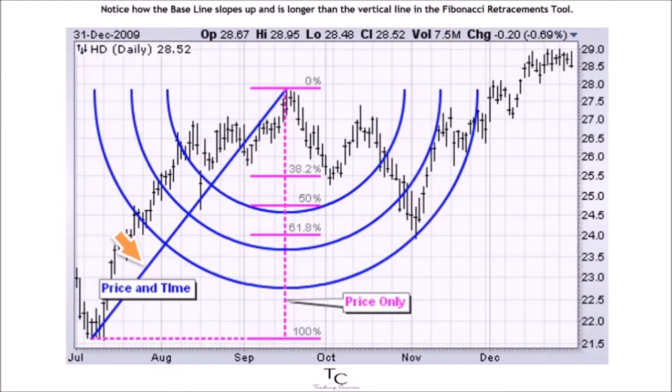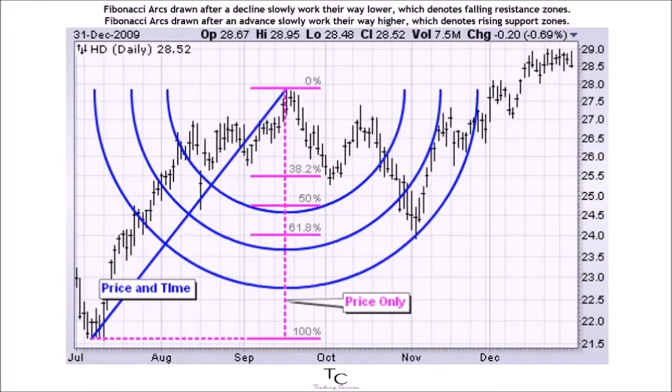Notice how the baseline slopes up and is longer than the vertical line in the Fibonacci retracements tool, whereas the Fibonacci retracements tool shows static retracement levels. The Fibonacci arcs show dynamic retracements that evolve over time.